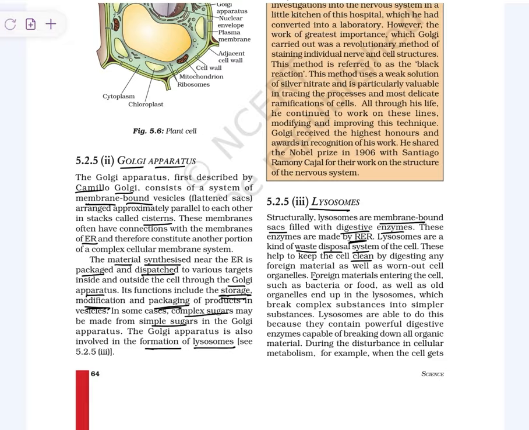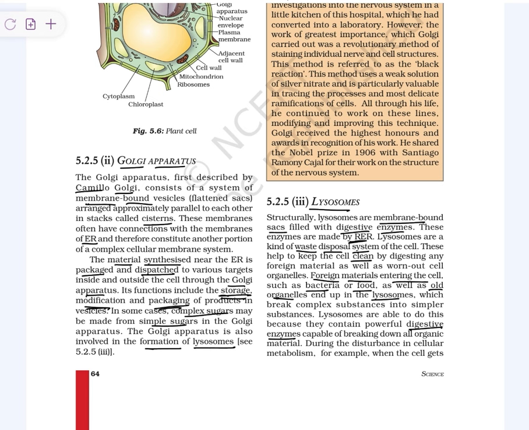Foreign materials entering the cell such as bacteria and food as well as organelles, old organelles end up in the lysosomes which break complex substances into simpler substances. Lysosomes are able to do this because they contain powerful digestive enzymes capable of breaking down the organic material.